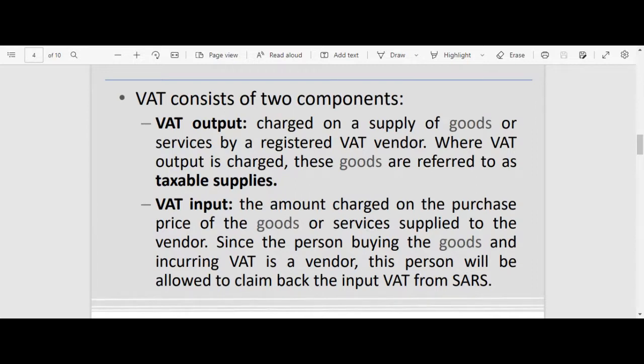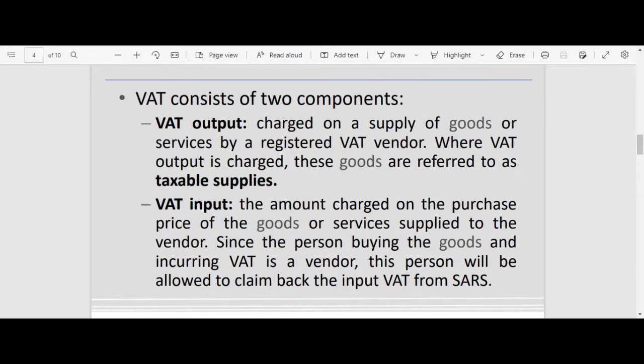So, why is it important to separate the two? Because part of it belongs to us and the rest does not. So the VAT output must be paid over to the revenue service after deducting the VAT input.